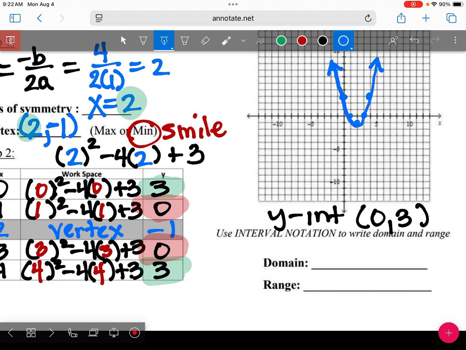Okay, so the domain never changes. What did I say the domain would always be? Forever and ever and always. All real numbers. So we're going to say -infinity to infinity.